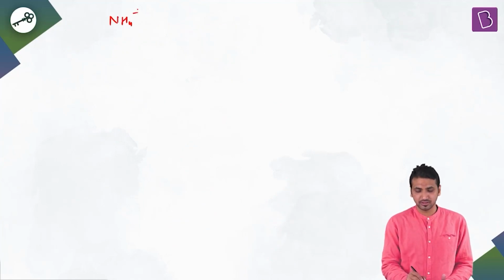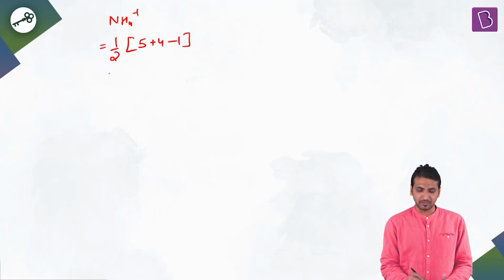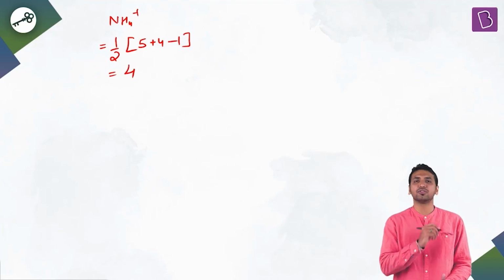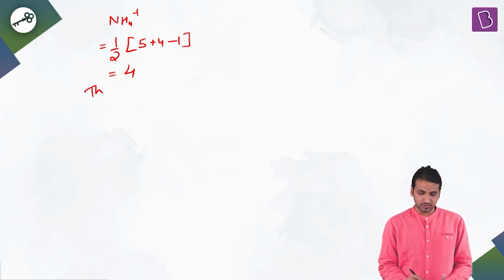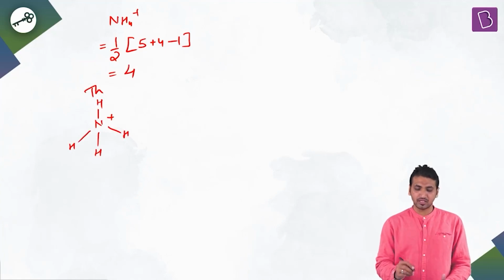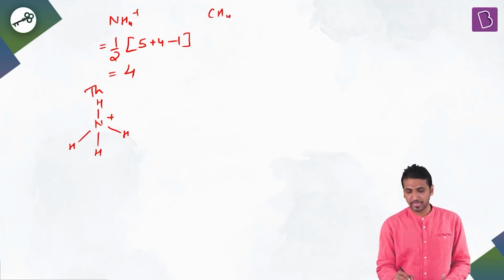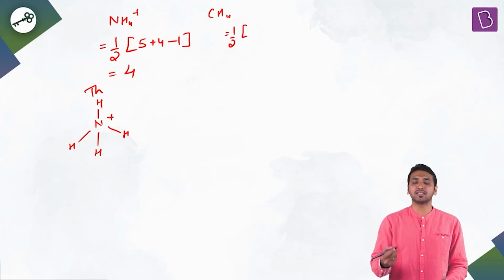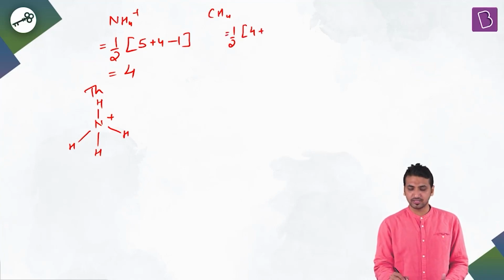NH4+: 1/2, nitrogen is 5, hydrogen 4, minus 1. 9 minus 1 is 8, so 8 by 2 is 4. 4 is again tetrahedral. So nitrogen with four hydrogens and a positive sign. The other one is CH4: 1/2, carbon has 4 valence electrons, plus 4 monovalent hydrogens, giving 4.